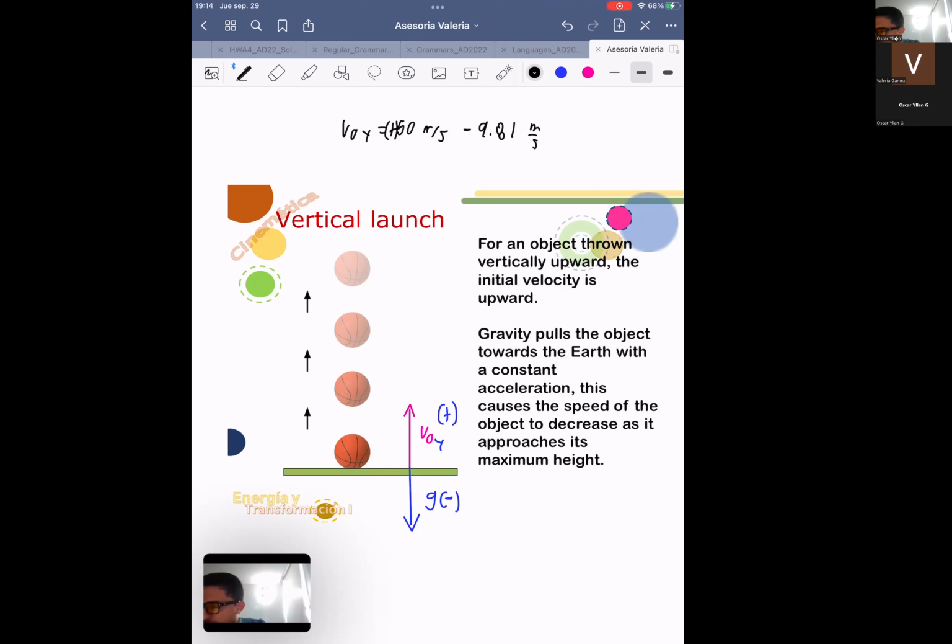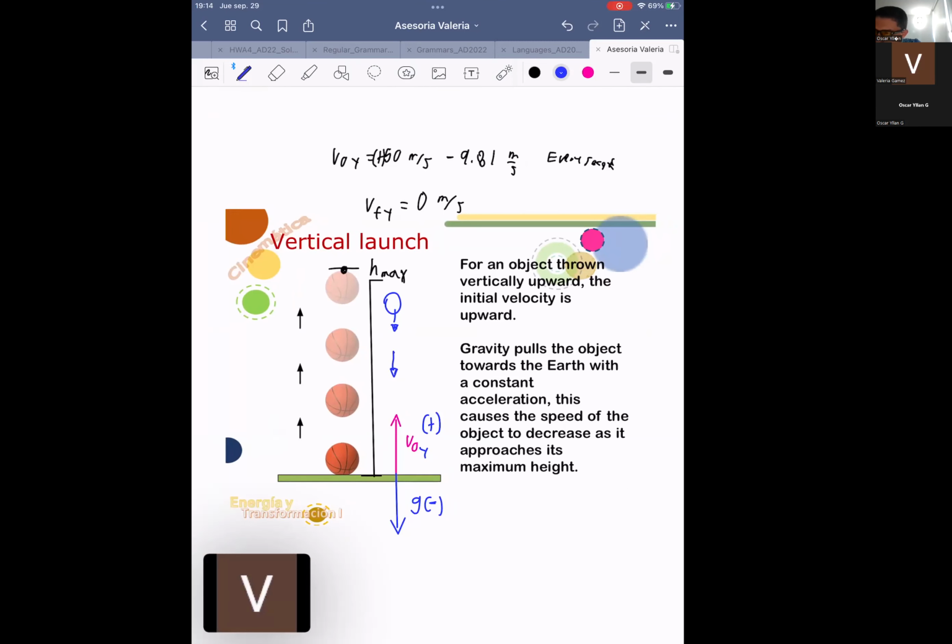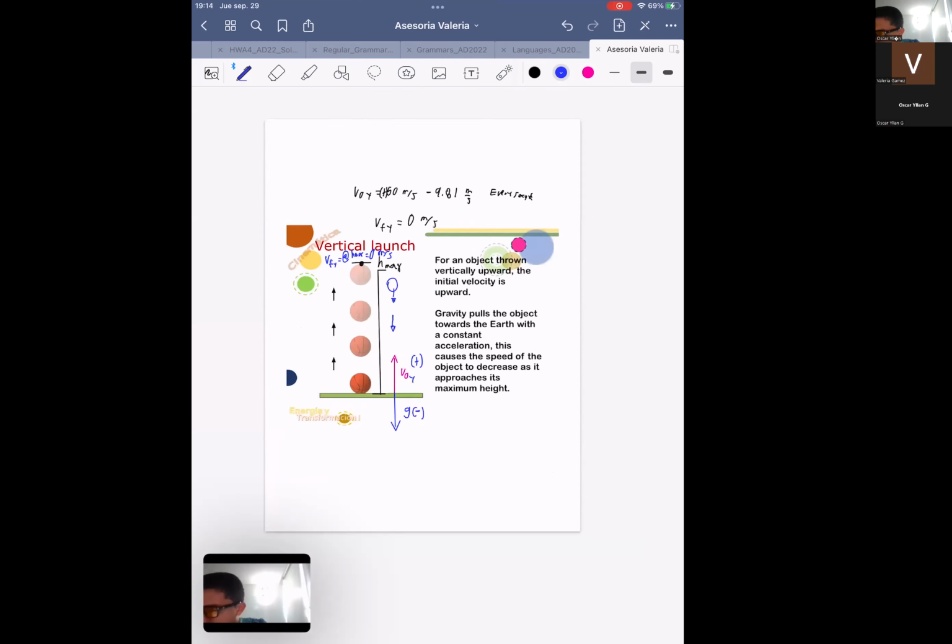If you continue doing that, there will be a point where the final velocity in y is going to be 0 meters per second, and that's always when it's at its maximum height, because instantly after that the ball will start falling down. So remember, vfy at its maximum height is always 0 meters per second.